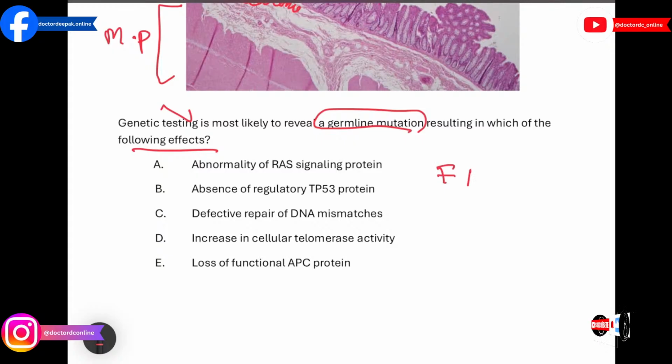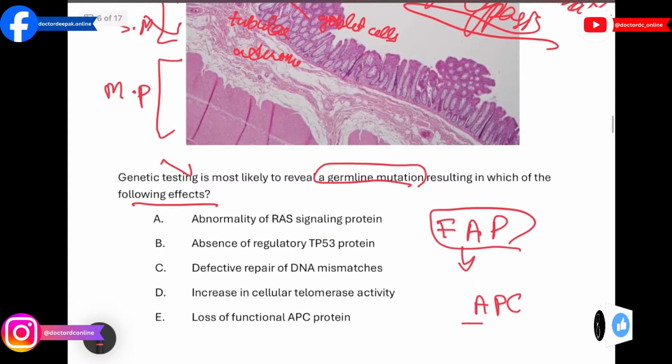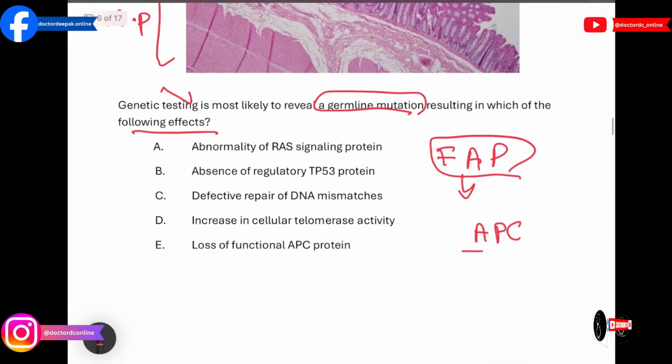In fact, this disease most commonly happens due to one gene, which is APC, and the full form is adenomatous polyposis coli. In that gene there is a loss of function, and this causes familial adenomatous polyposis. So the right answer is loss of function of APC protein.